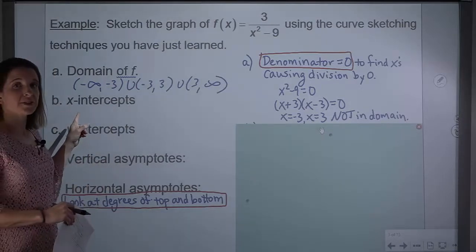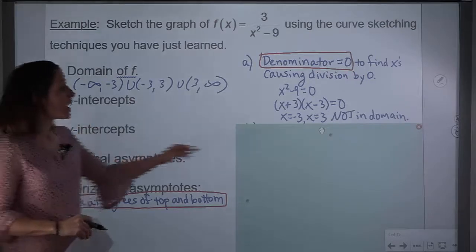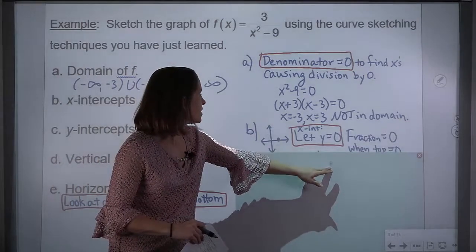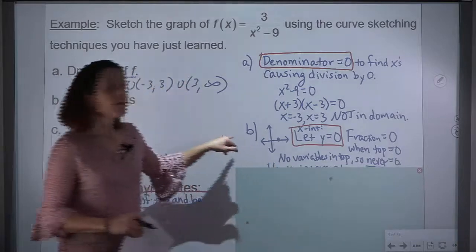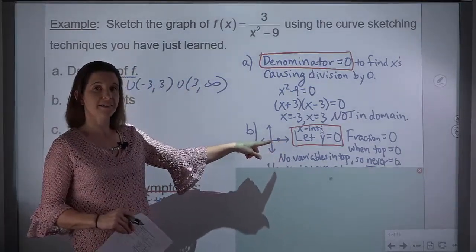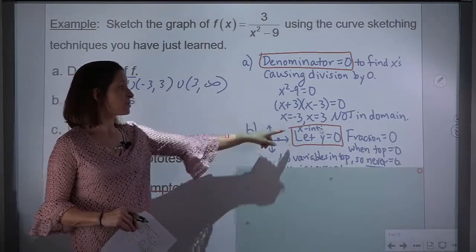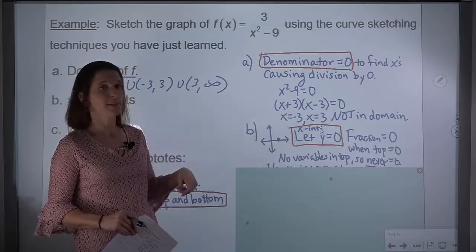Next, we see x-intercepts. If you're having a hard time with x and y-intercepts, draw yourself a picture. I do sometimes. So an x-intercept, draw a picture. It means you're on the x-axis. If you're sitting on the x-axis, then you are not up or down at all, meaning your y is 0. So to find an x-intercept, we let y be 0.